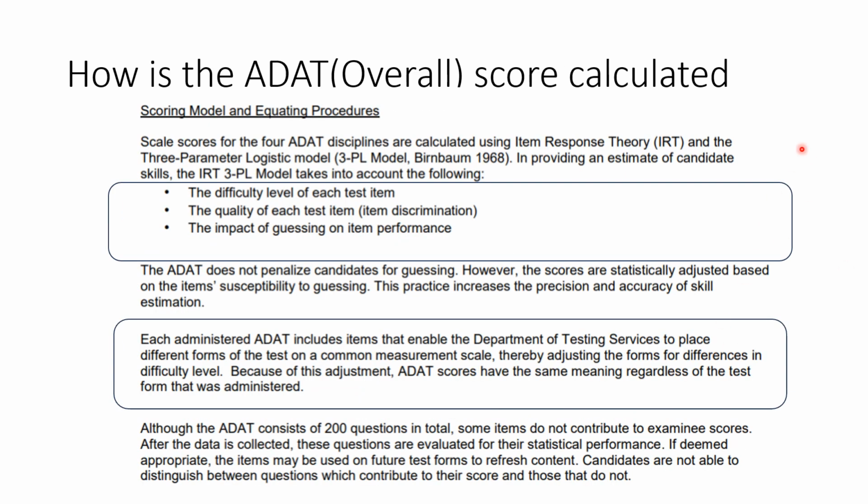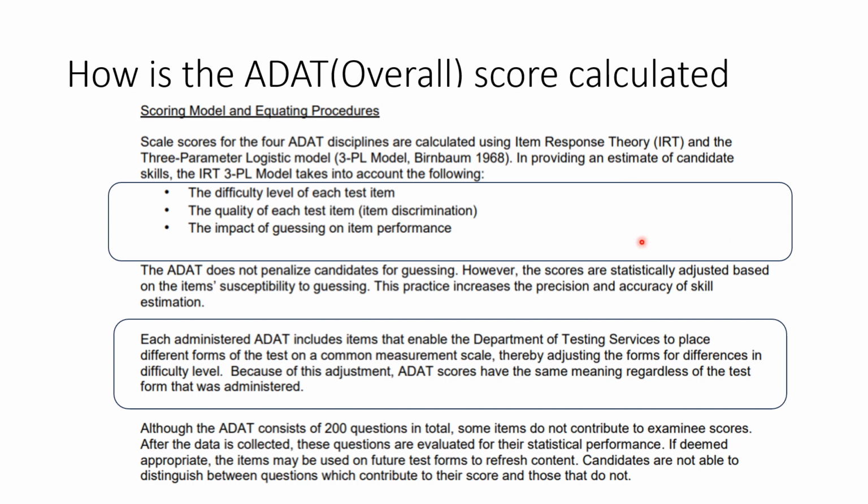The questions are weighted or marked based on the difficulty, the quality, and the impact of guessing on performance. So basically they use item response theory and the 3PL model to determine the difficulty and weightage of each question.